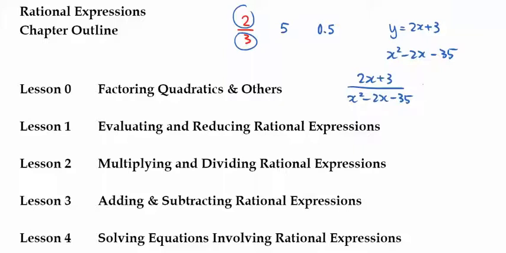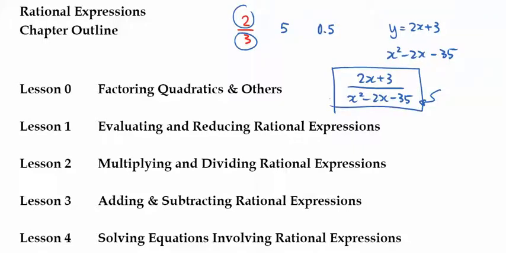And what we will do today is to give you a very in-depth review of how to deal with trinomials like this, or difference of squares, or anything that can be factorized. And then once you remember how, once you recall everything you've learned before, you will be ready to learn rational expressions.